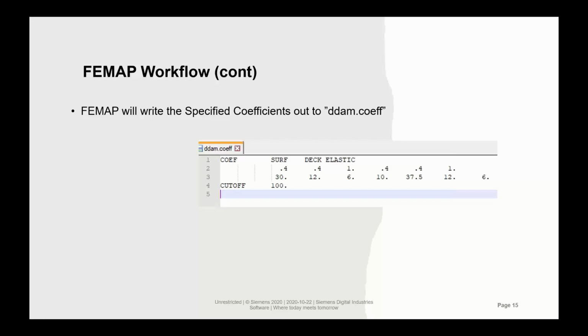Now, when you do either built-in or user-defined or any of the other coefficients, it will actually write out a file. I've renamed it here DDAM coefficient, but Femap's going to write it out to a Fortran Unit 21 file. But you can rename it and call it whatever you want, and often I will do that so I can keep track of things.